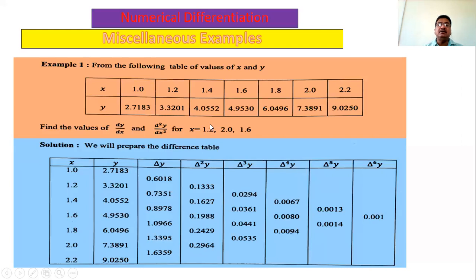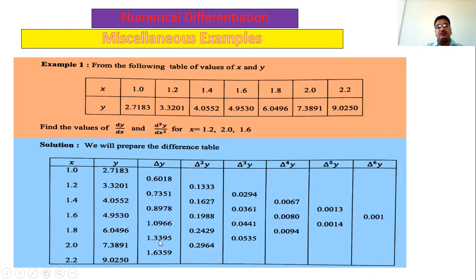Then we have to find the first order and second order derivative at 2.0, and this 2.0 is at the end of the table. So we consider this 2.0 as the last point, not 2.2, that is, 2.0 as the last point. So this is xn. Consider this 2.0 as xn. Then this is yn, this 7.3891 is yn.